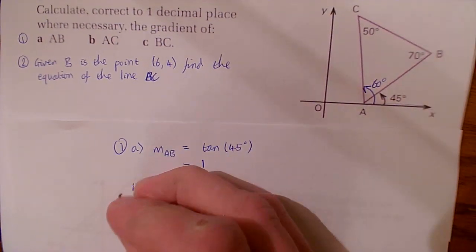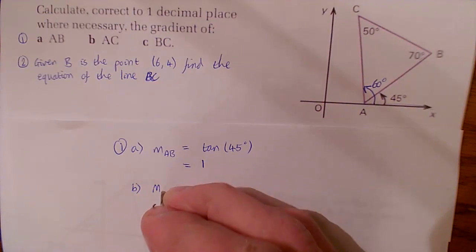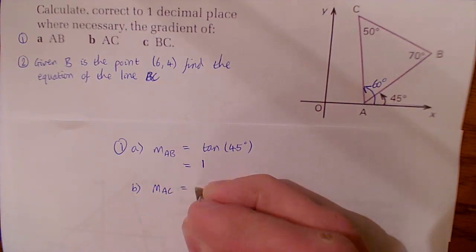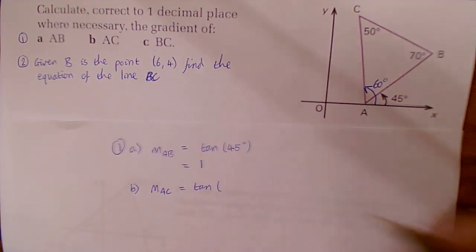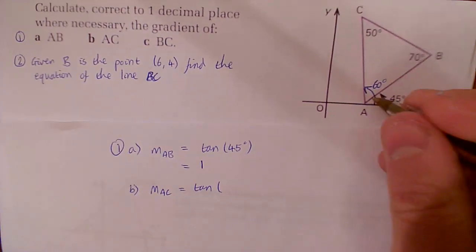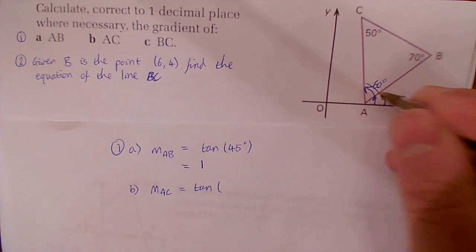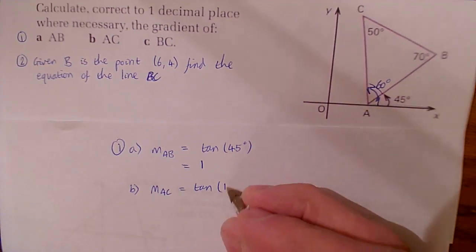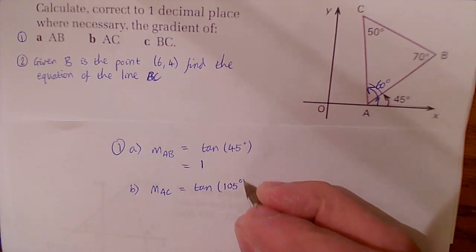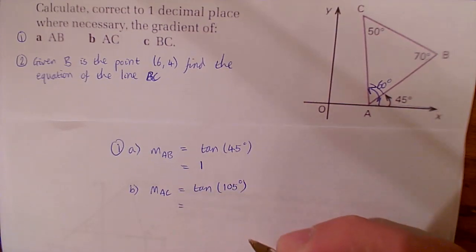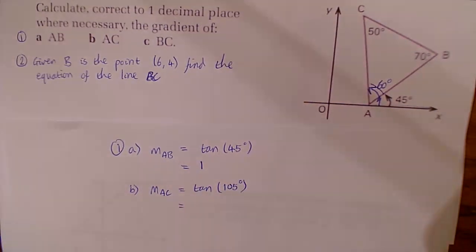Oh, sorry, I've confused my label. 60 is this bit here, plus the 45. So we're doing a tan of 105 degrees. Oh, if I could say the right thing.